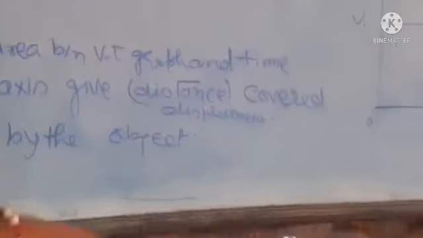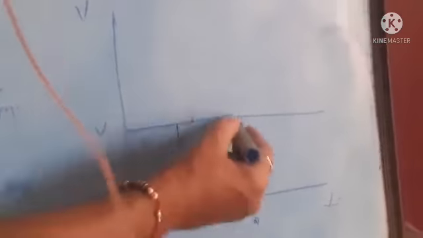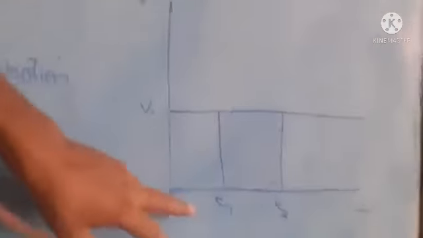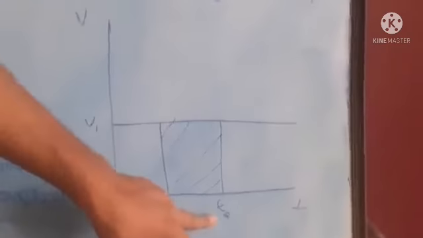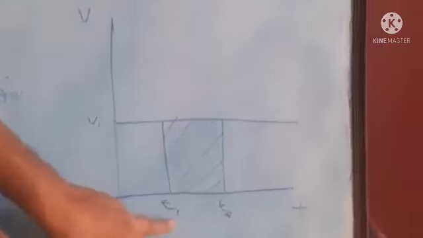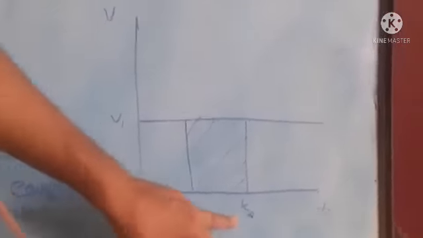If we find the distance or displacement of any object by the VT graph, then we find the area between two time intervals. Suppose we make 2 points t1 and t2, and we find the displacement or distance covered by the object in this time interval t1 to t2.